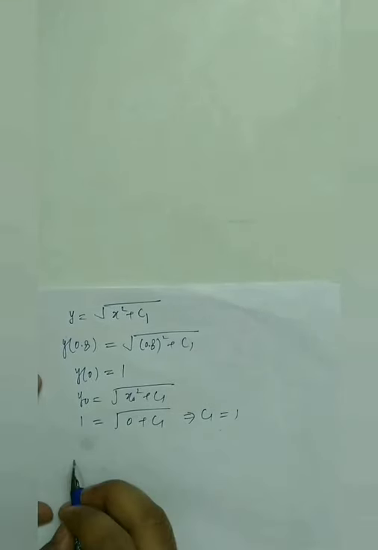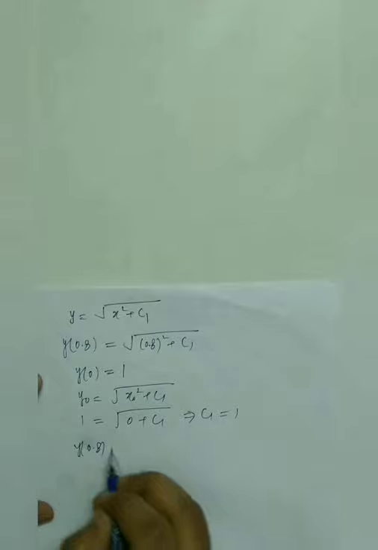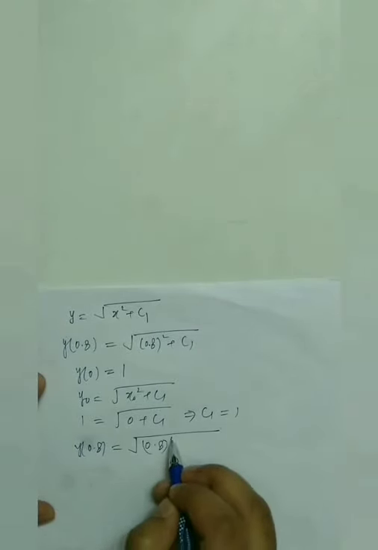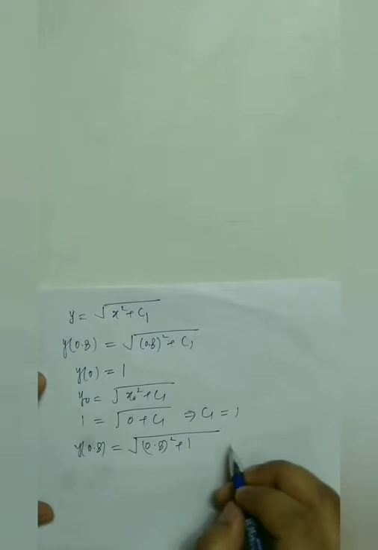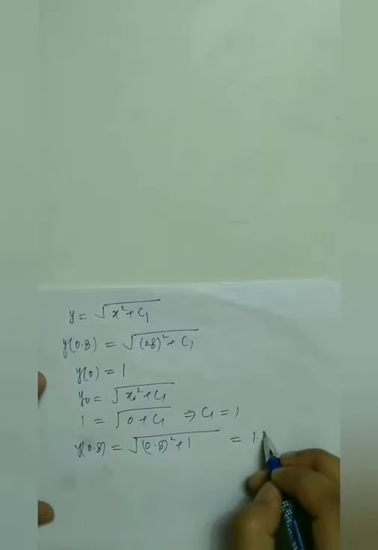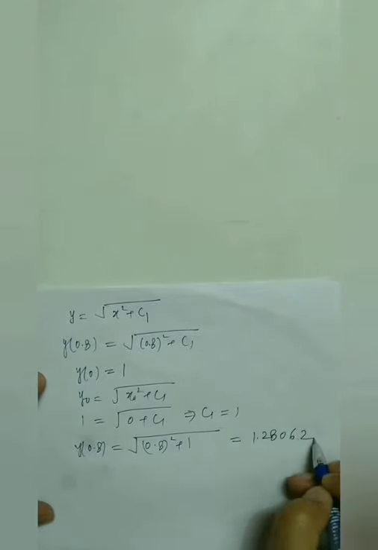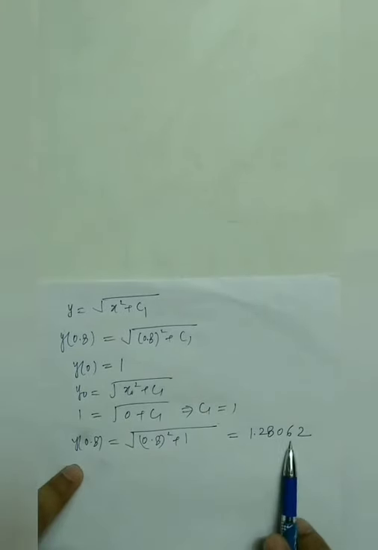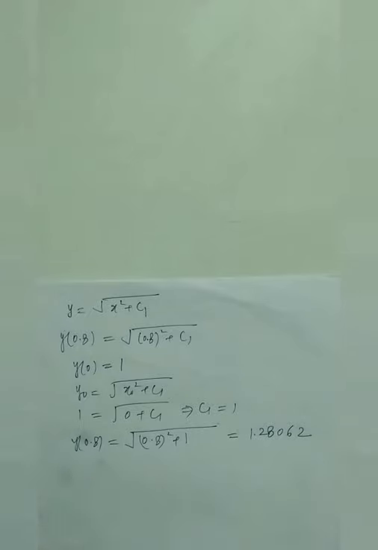So y at 0.8 equals under root of 0.8 square plus 1, and after solving this we get 1.28062.